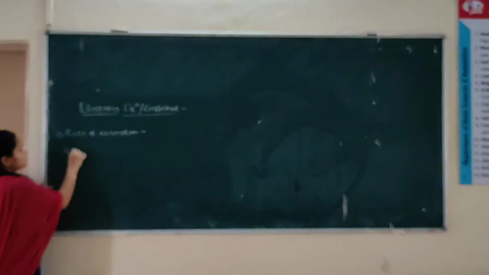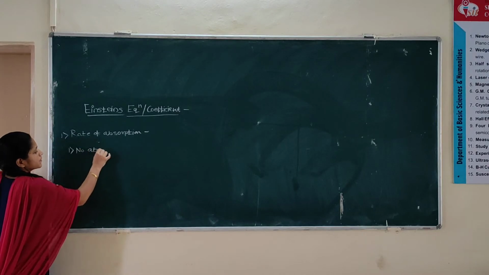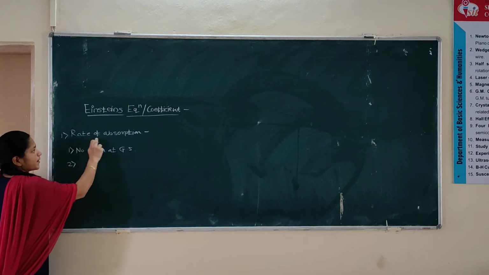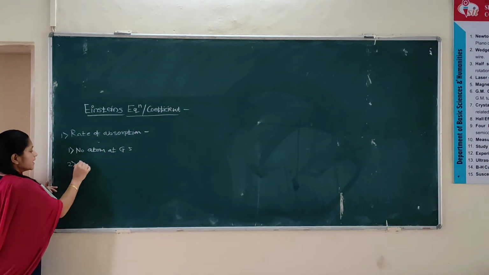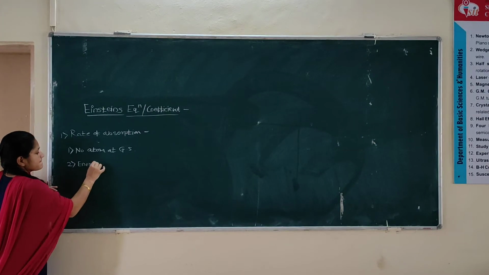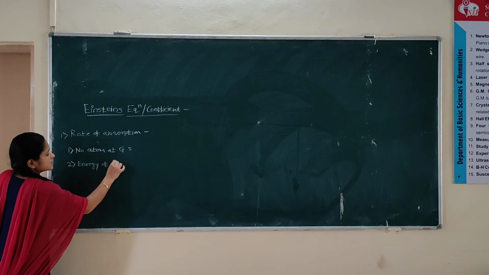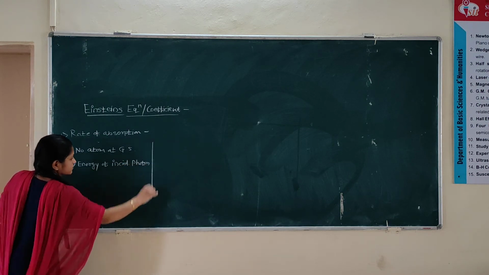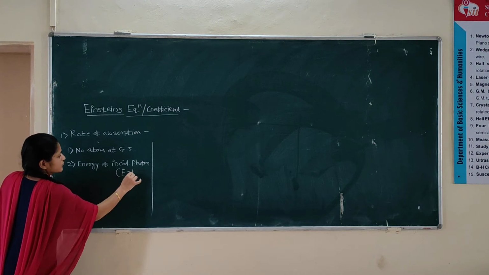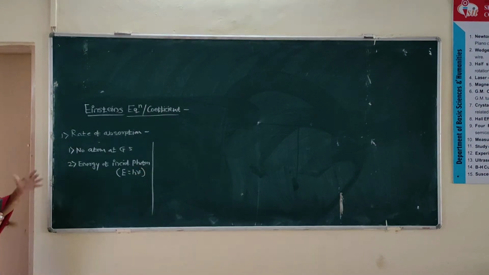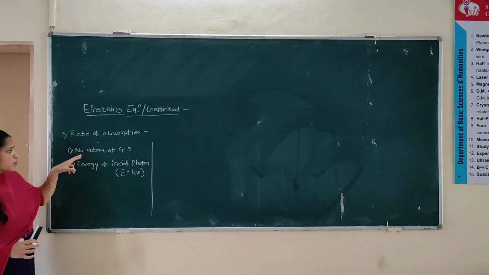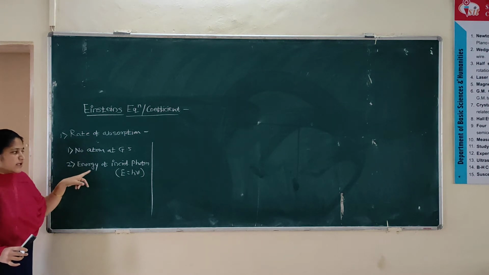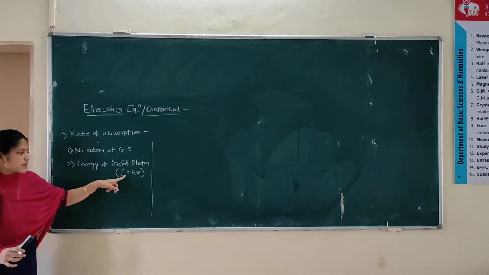First one is the number of atoms at ground state, and second, it depends upon the energy of the incident photon, that is E is equal to h mu.